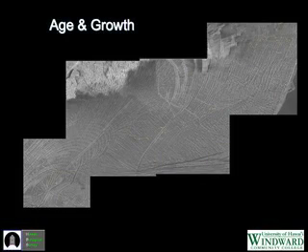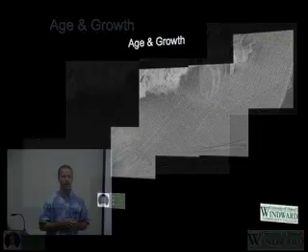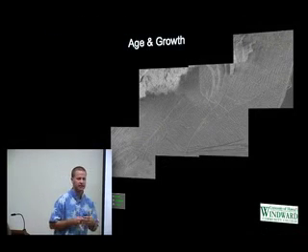Okay, so most of you are familiar by now with how we obtain age data from fishes. There are some bones inside the head called otoliths, and they tend to lay down rings on a regular basis. Some of the fish we look at lay down annual rings, some of them lay down daily rings. For the three species in our study, we're looking at daily rings.